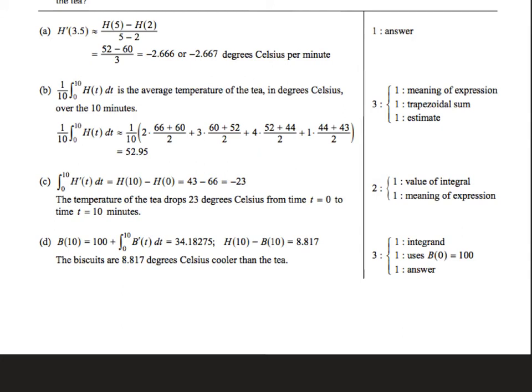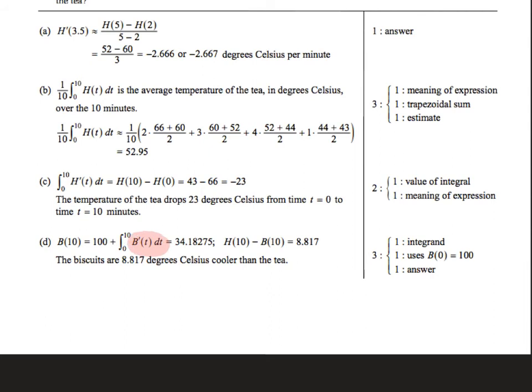Start with 100, calculate that change, and we get 34.18275. They like to list a lot of digits there in their solution manual. And then subtract the 2. So the temperature of the tea minus the temperature of the biscuits gives us 8.817. The scoring on this is 1 point for the integrand. And remember, the integrand is the thing that you're taking the integral of.